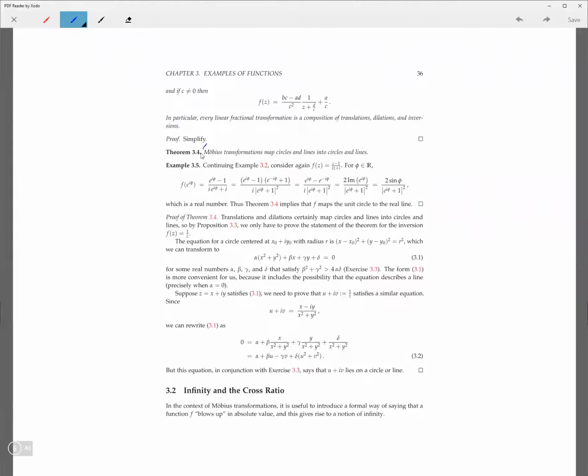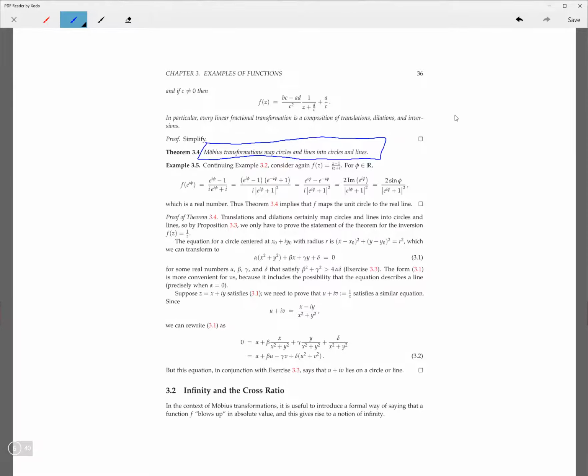And that's this principle right here, that Mobius transformations map circles and lines into circles and lines. That's Mobius transformations. Okay, so later on we're going to be studying other transformations, and it might not work out that way. But with Mobius transformations, if you have a circle or a line, it will map to another circle or a line.